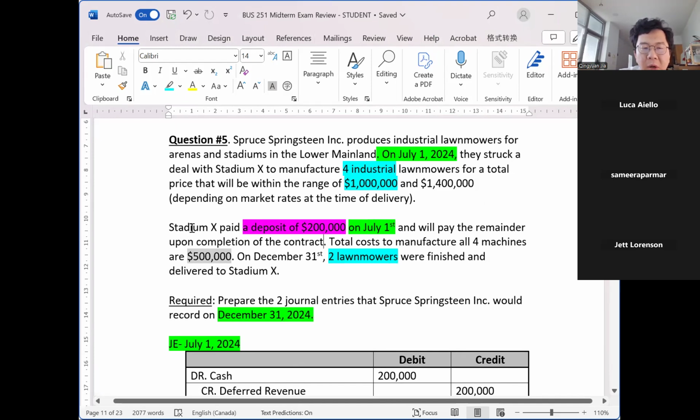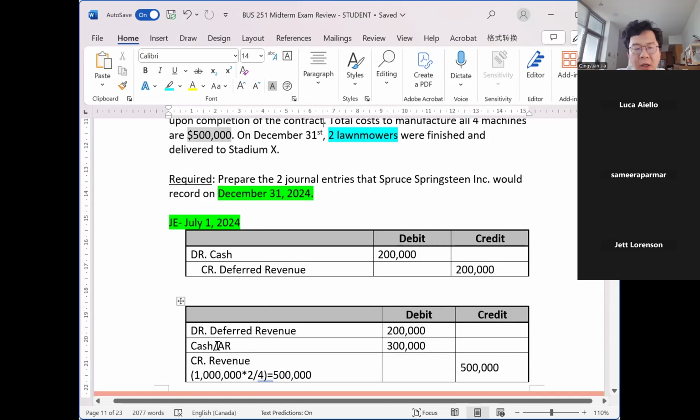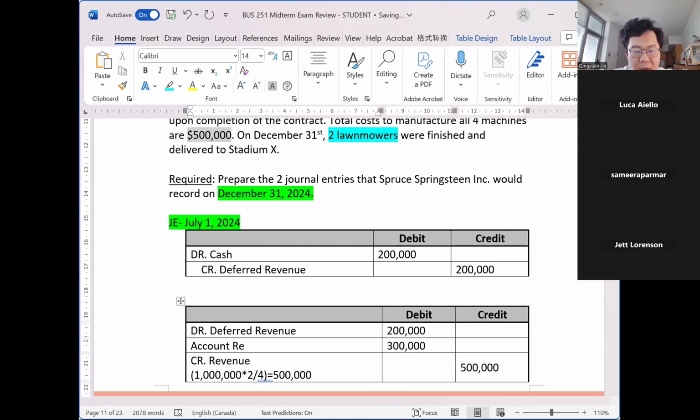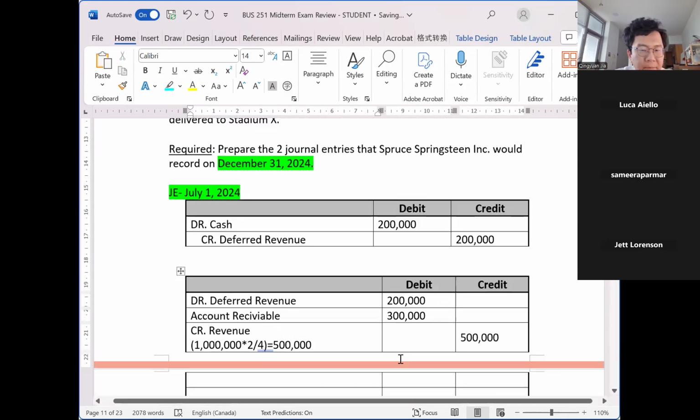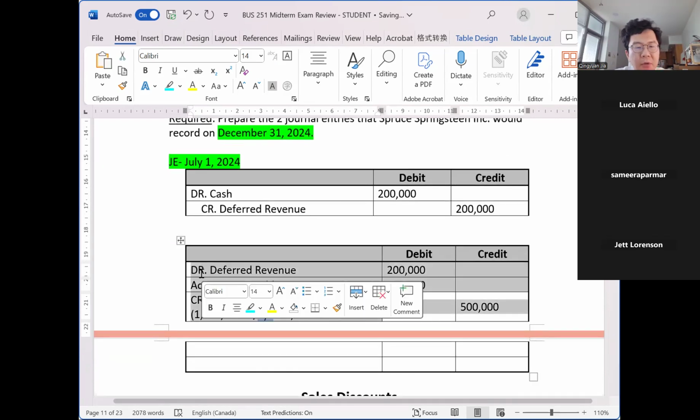Stadium X will only pay us when we complete the contract. Right now, we only completed half of the contract. So we will not use cash. We will use account receivable here. Yeah, so that's the journal entries for the revenue part.